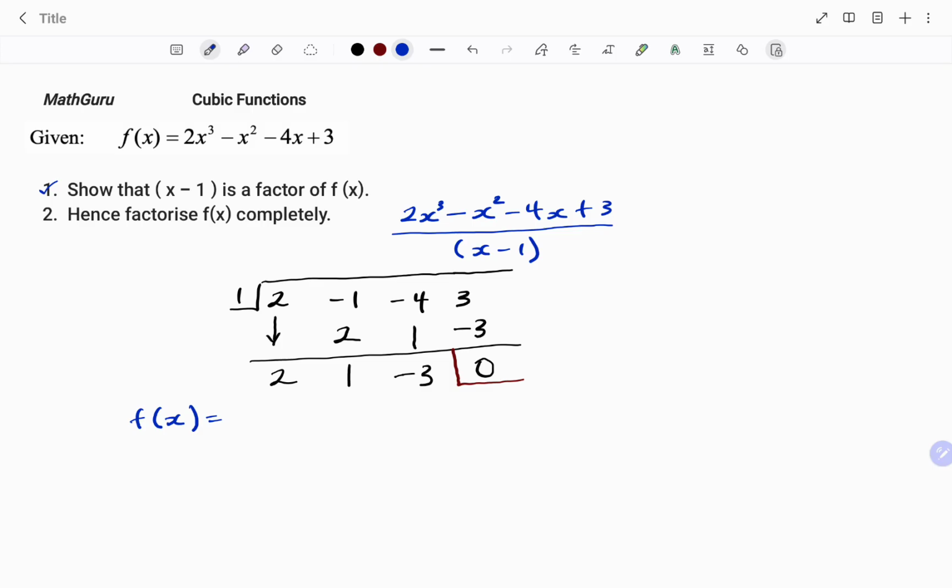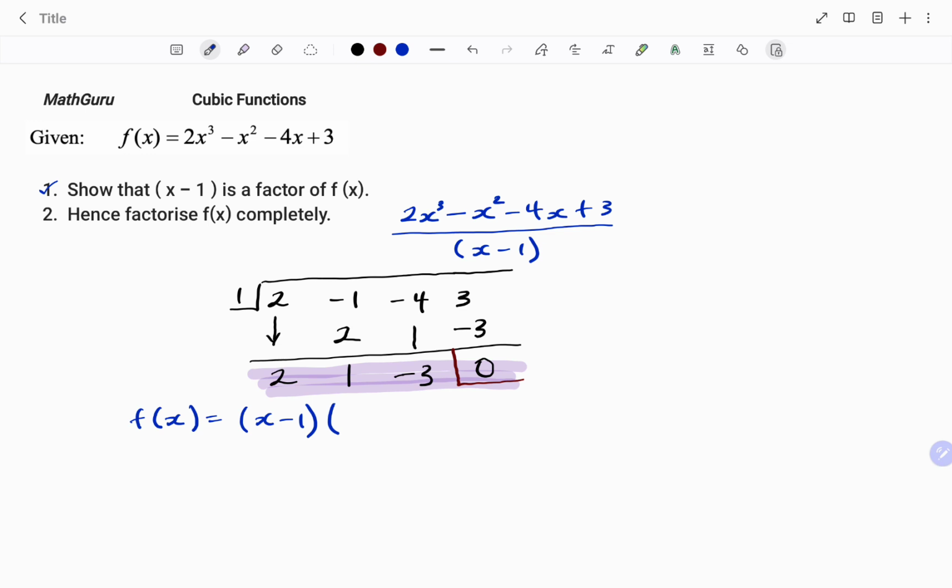f of x will be equal to x minus 1 times, and therefore I'm going to use my new set of coefficients as shown, and when I'm doing that, I'm going to drop my exponent. So initially I had 2x cubed.